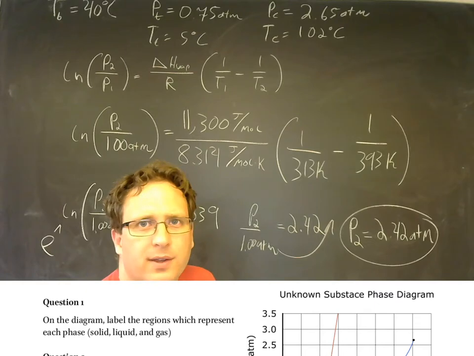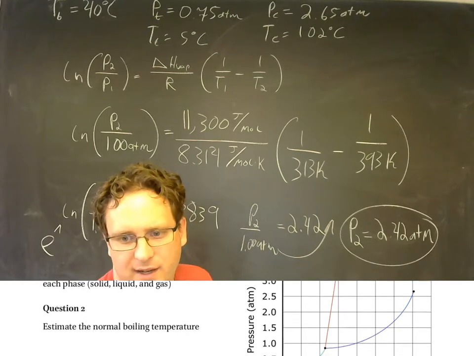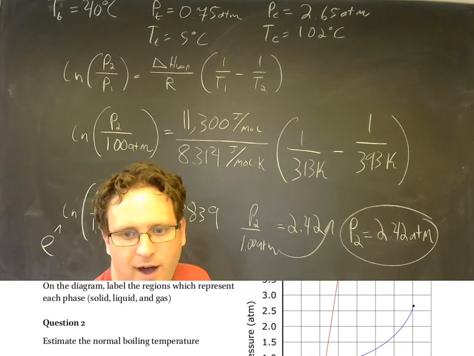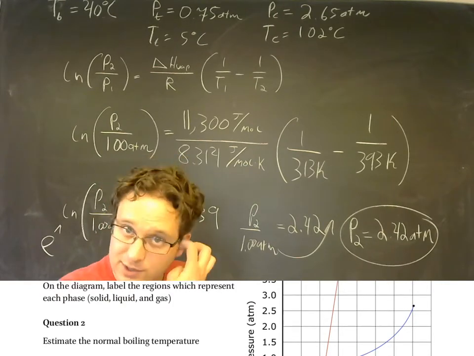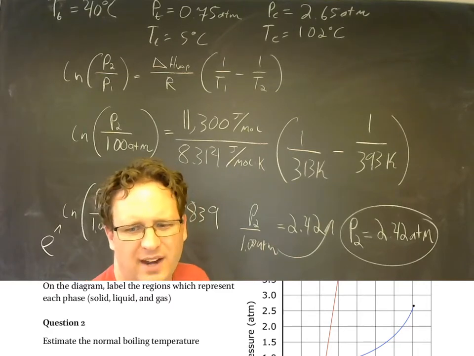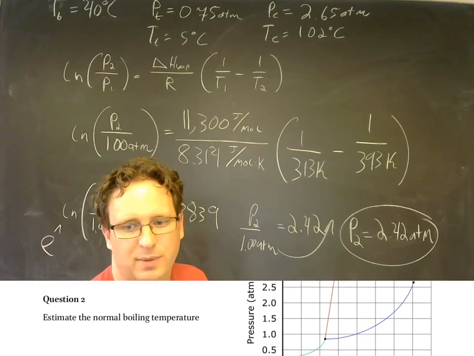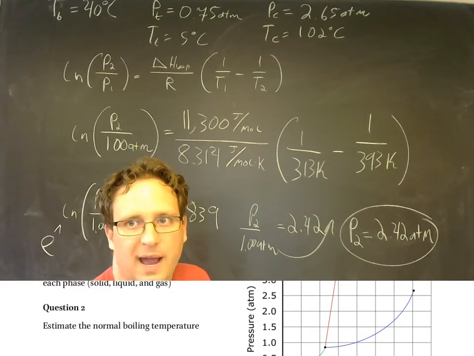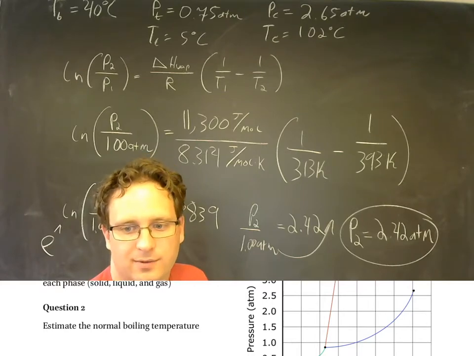But I think really the problem is that the normal boiling point, the triple point, and the critical point ought to have a rigorous relationship to each other based on the Clausius-Clapeyron equation. And I just kind of drew this chart by hand. And so there's really no mathematical rigor behind the shape of this curve.